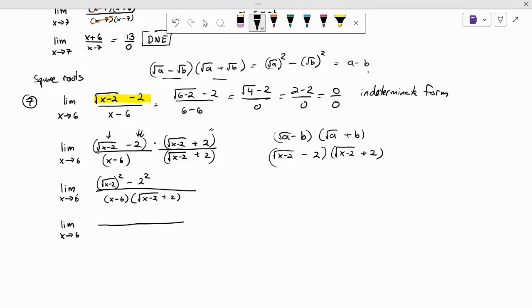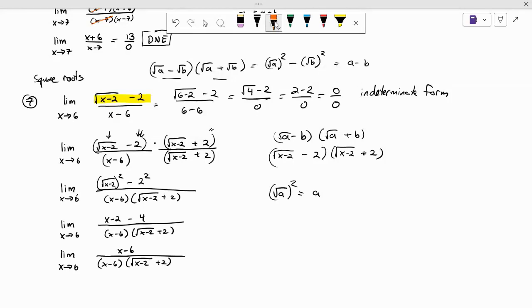So what is the square root of x minus 2, quantity squared? Just getting rid of the square root. And then we have minus 2 squared. And so you see the cancellation.